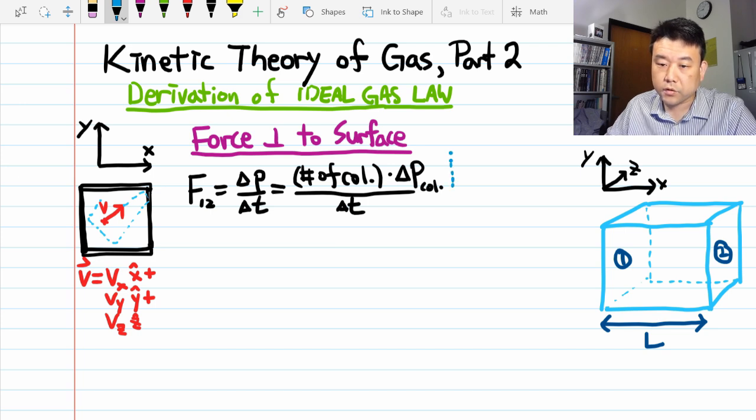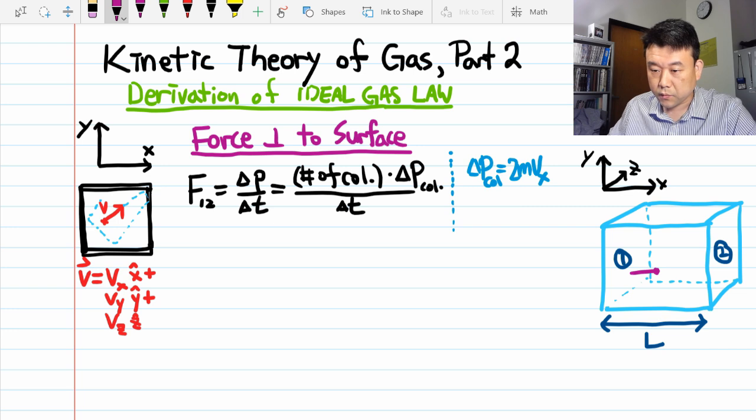The amount of momentum change per collision is going to be twice mass times the x component of velocity. This is why. Imagine a particle moving towards the left with some x component of velocity minus vx.